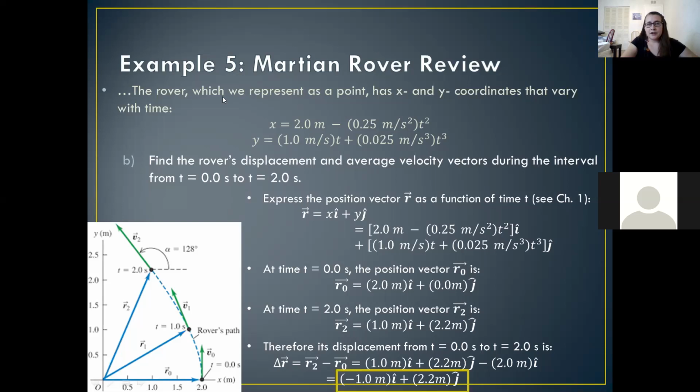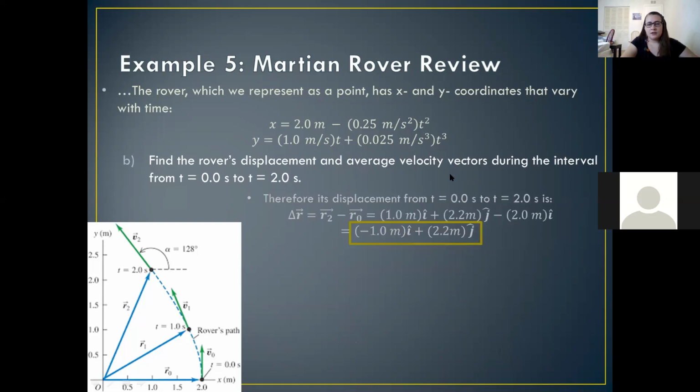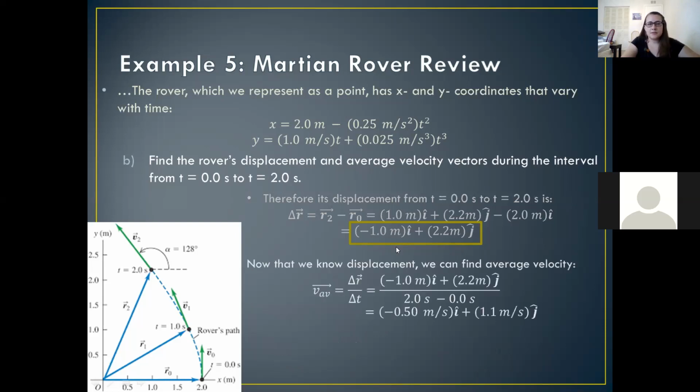Now, we need to find our average velocity vectors during that time interval too. I went ahead and put the displacement up there just so we remember what it is. But we know that average velocity is the change in our position, or our displacement, divided by the change in time.